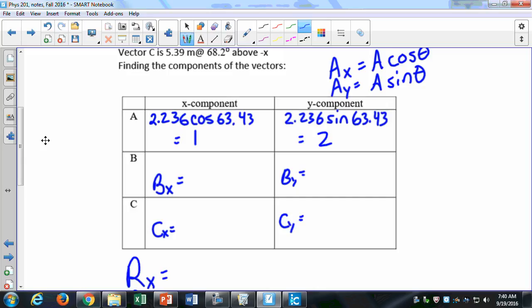Just another minute. That's for your values.